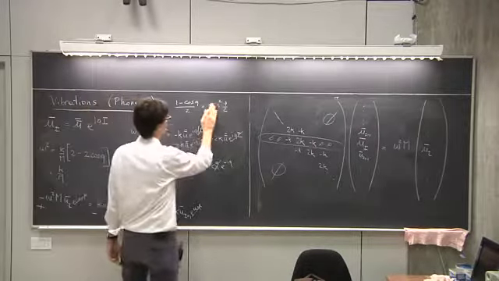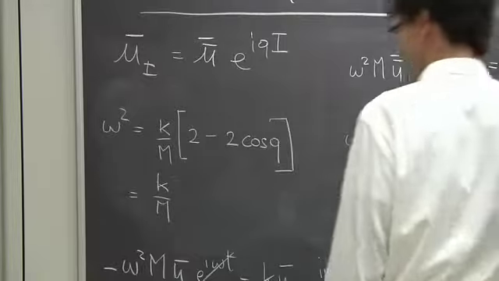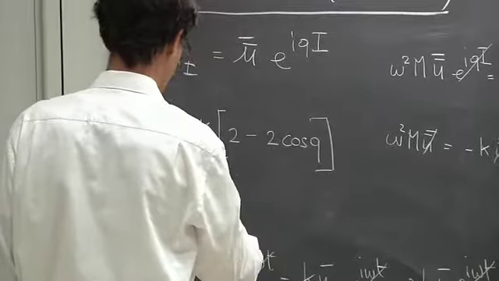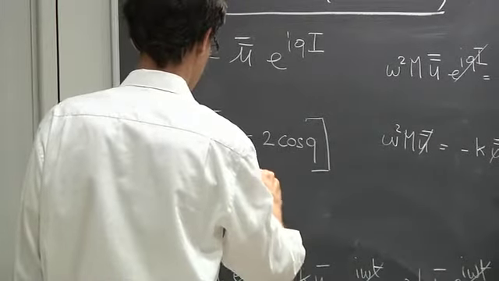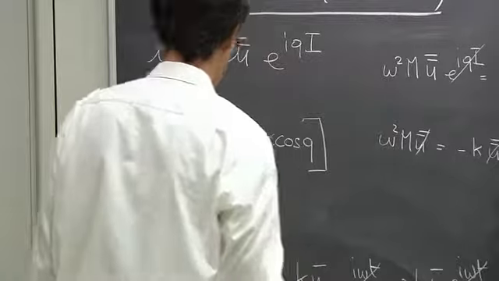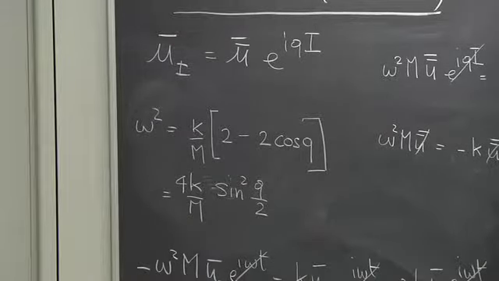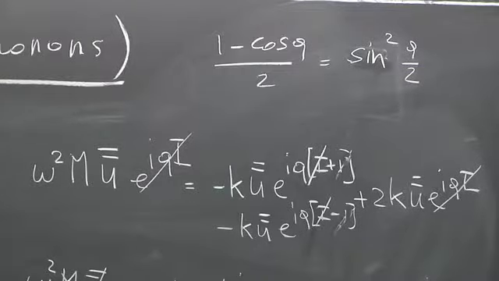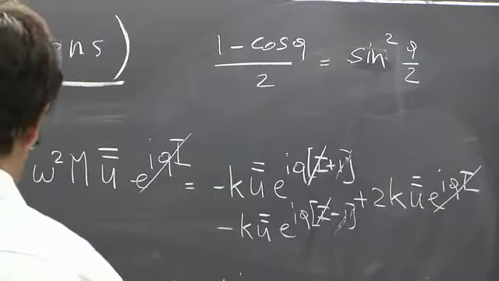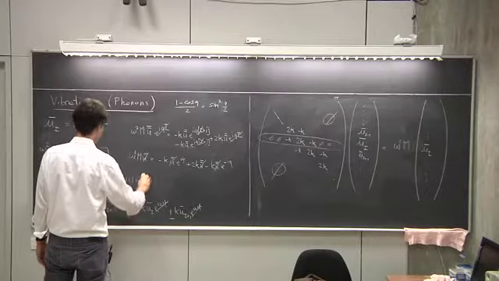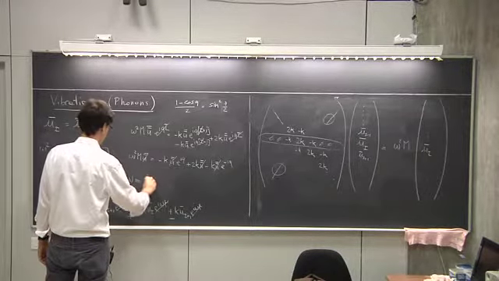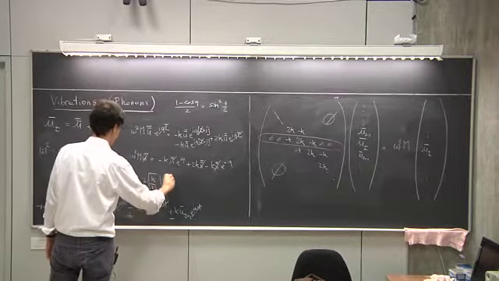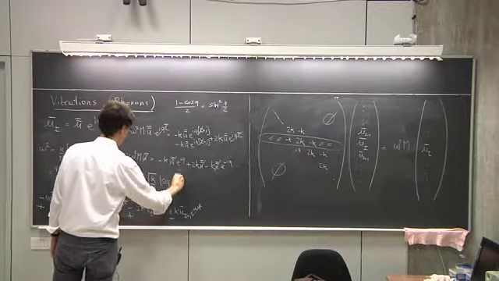Thank you. So 4 sine square of q over 2. Or omega equals 2 square root of k over m sine q over 2.